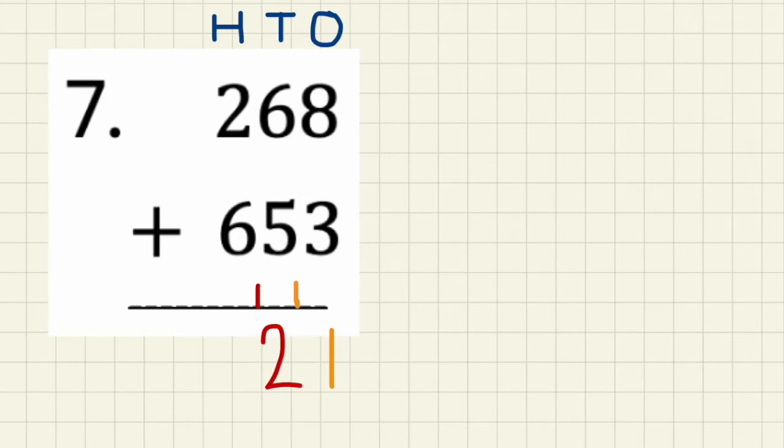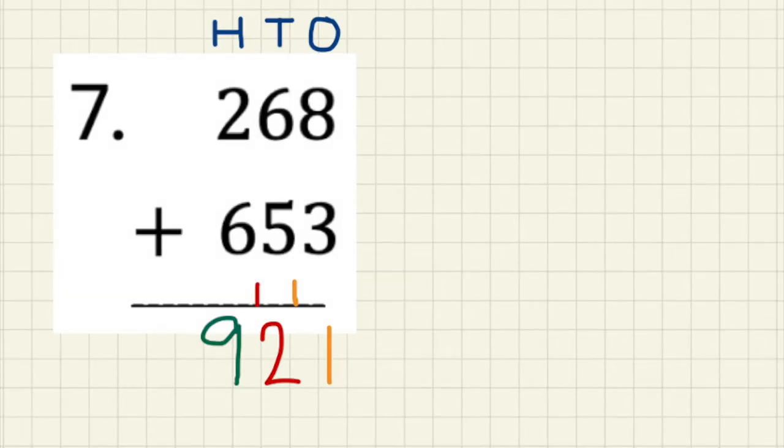And for the 1, we would have to bring that over to the hundreds place. So now instead of 2 plus 6, we would have to add 2 plus 6 plus 1. And that would equal 9. So our final answer for this question, 268 plus 653, is 921.